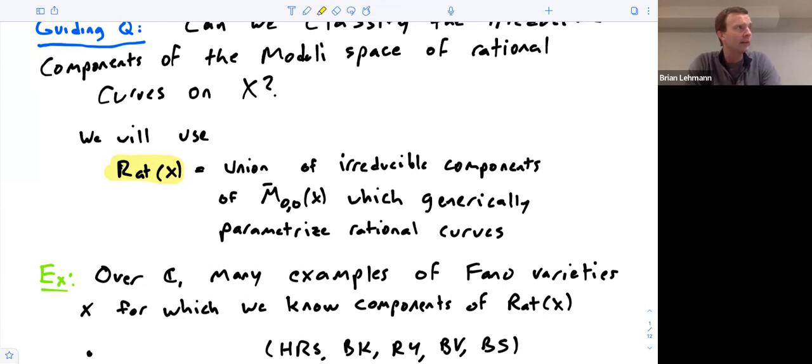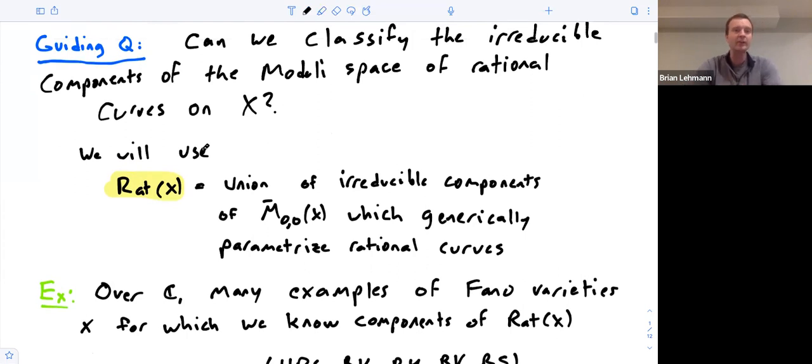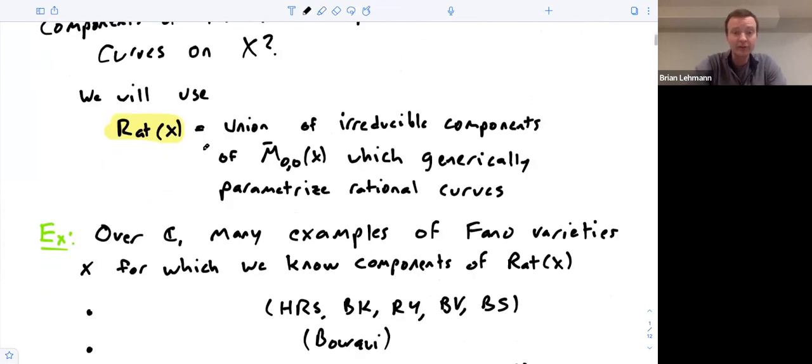I don't want to allow the strange components which parameterize only reducible curves. I'd like my components to generically parameterize irreducible curves. The reason we work in this space is because we want to allow our curves to break. So this is our question: can we classify the irreducible components?